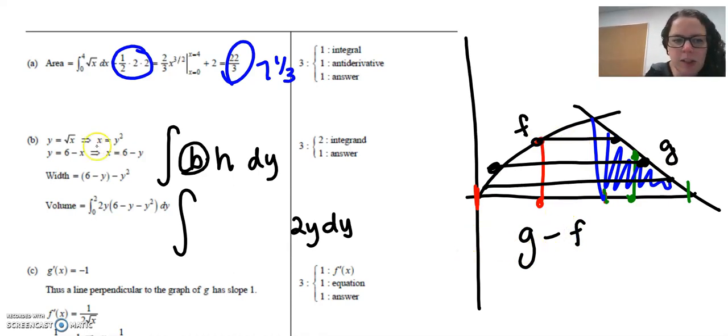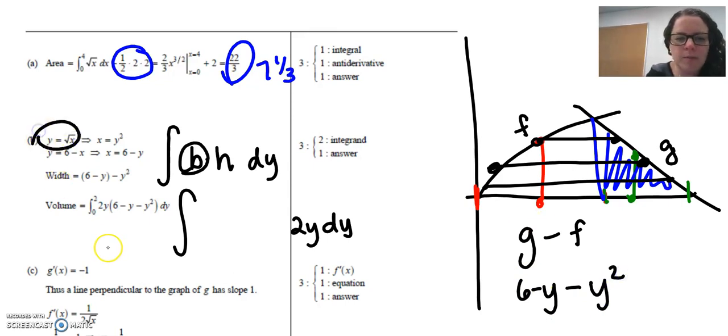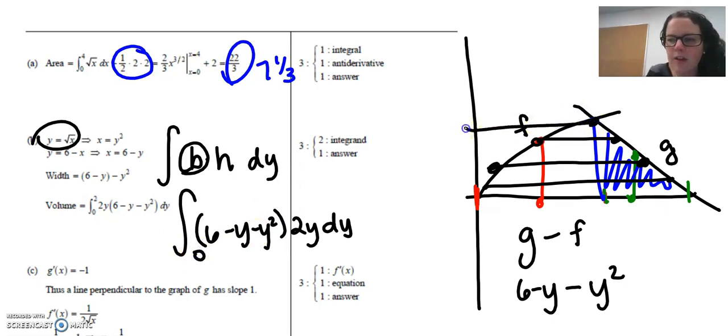So we're going to solve this one, 6 minus x, to now be 6 minus y, minus your y squared when you solve this one. So your base is 6 minus y minus y squared. Because you're integrating against y, you're going from 0 until this y value where they intersect, which is 2. Okay? And I think it says do not evaluate. So yeah, just your integral is all you're looking for.